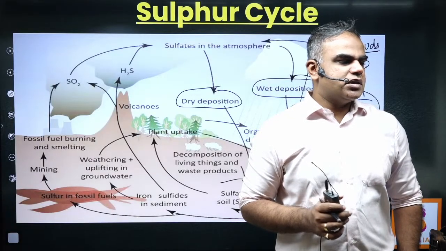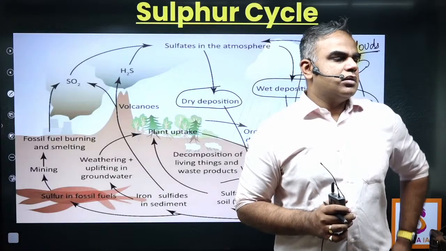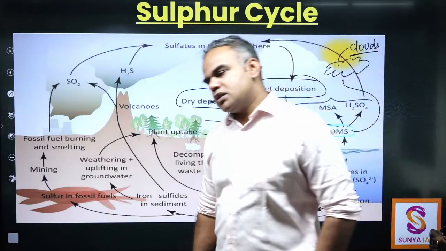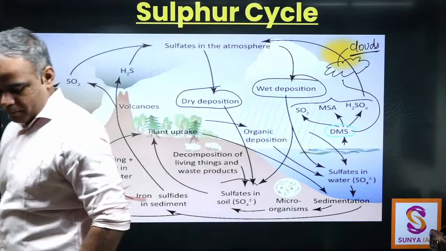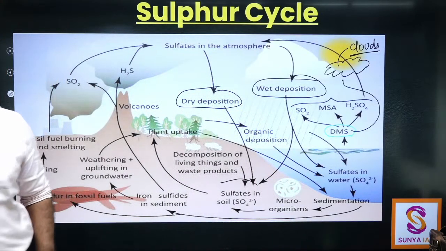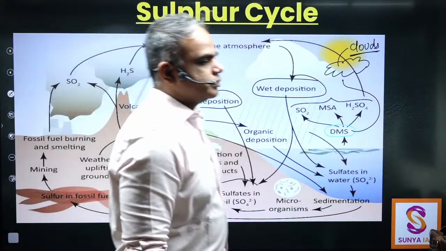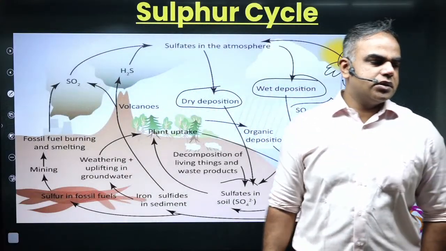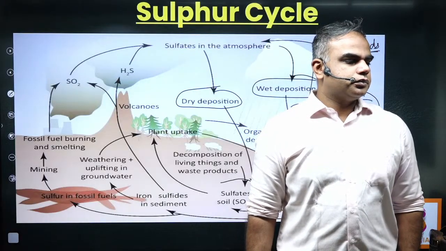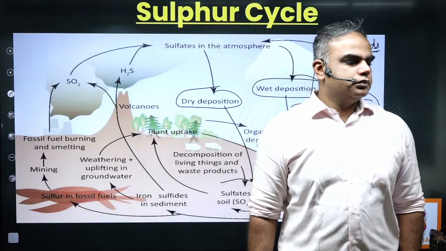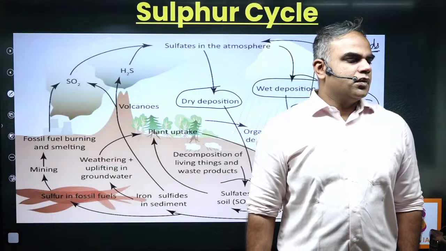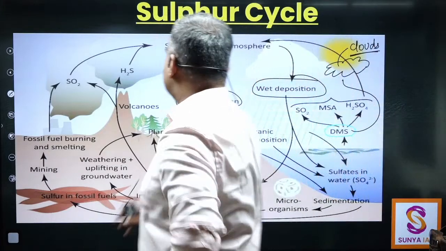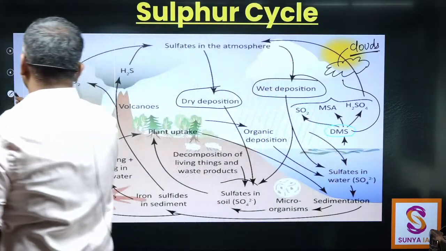The very first point is the crust. Sulfur is stored in Earth's crust in the form of minerals like pyrites, not pirates.